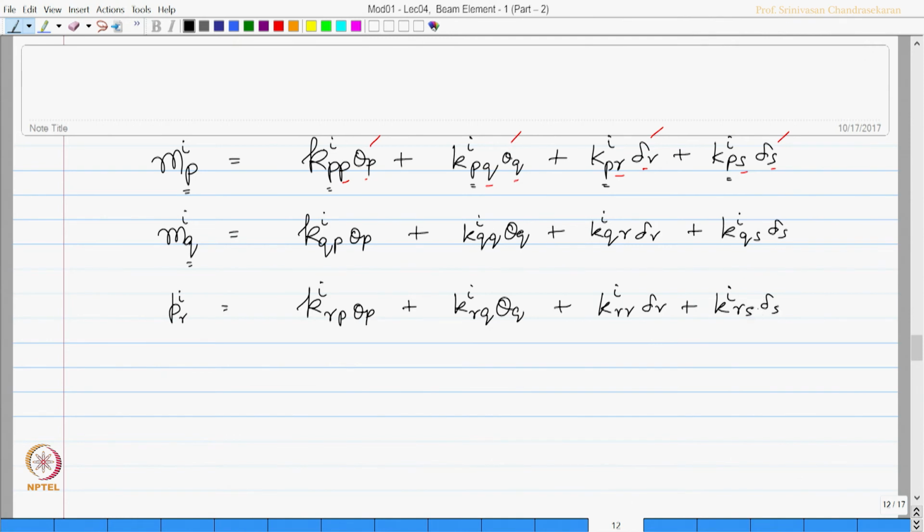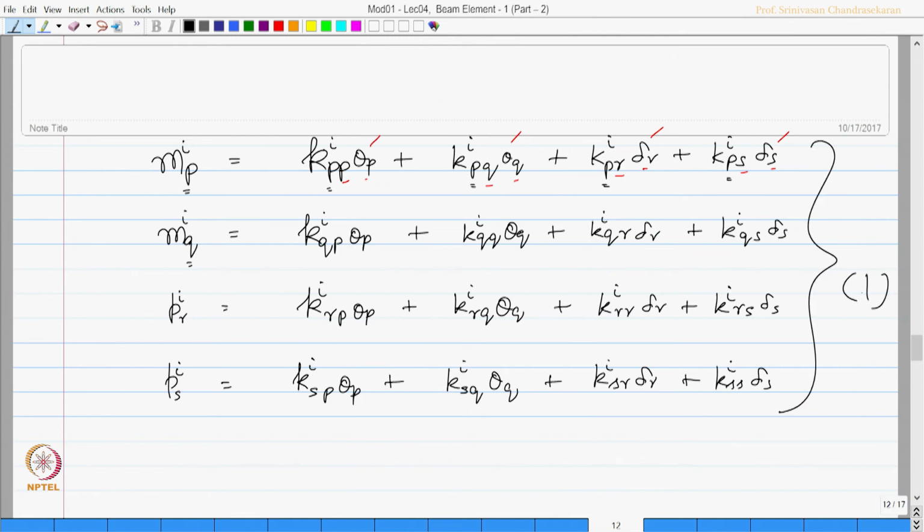I do not think there is any confusion in this. Similarly, the fourth one, PS of the ith member: KSP theta p, KSQ theta q plus KSR delta r plus KSS delta s. I think that is what it is. So, I call this equation set 1.